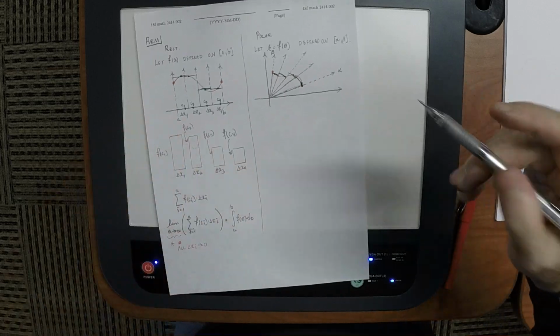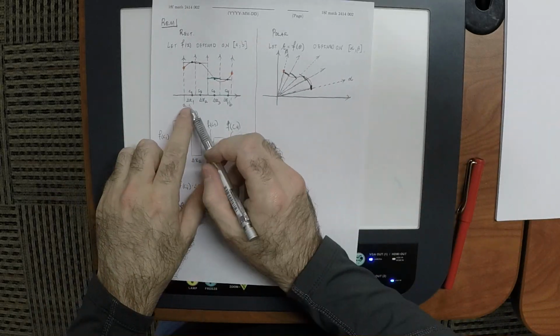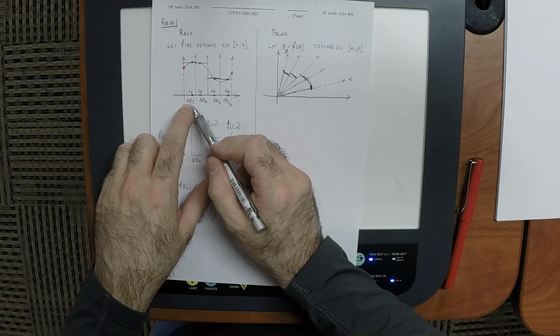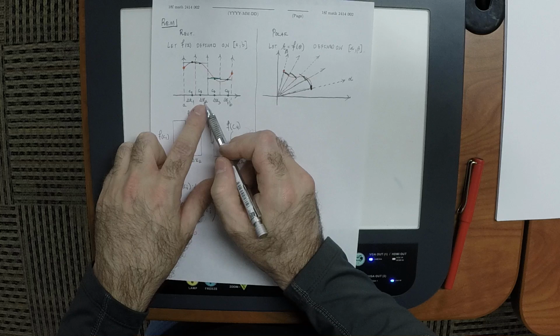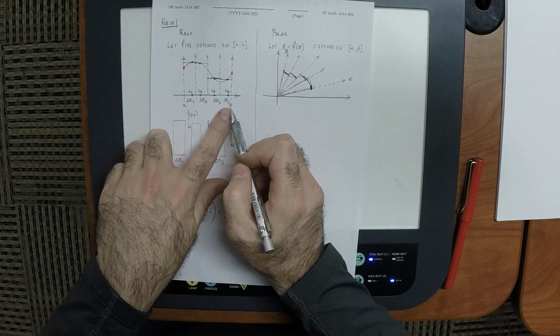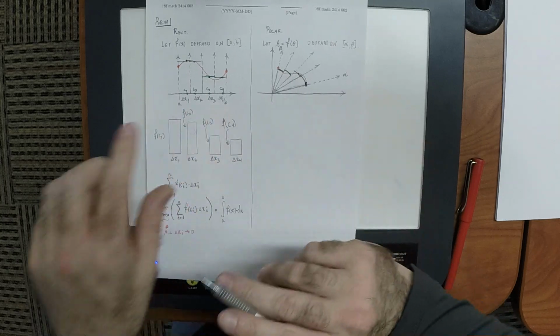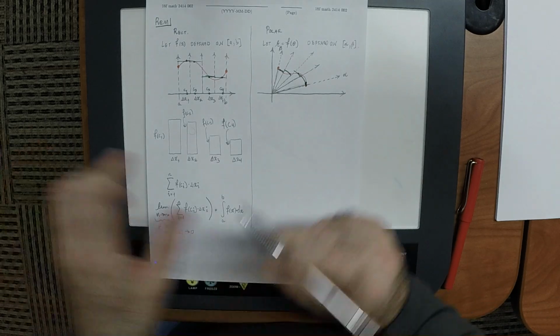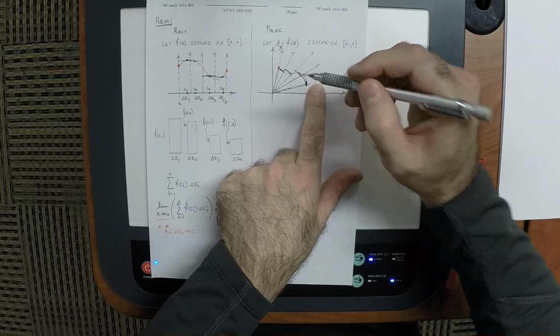So now, just like we subdivided the inputs and said the change in the input for that one is delta x1, delta x2, delta x3, delta x4, now we're going to change the inputs, but the inputs are angles. So instead of calling them delta x1, what am I going to call this one? Delta theta 1.